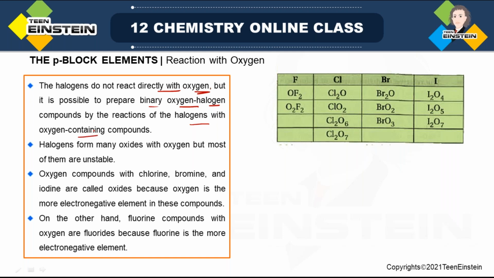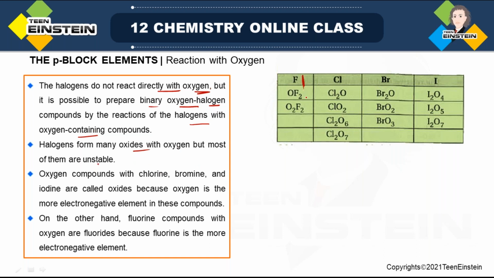So if you just add the diatomic halogens, F2, Cl2, and oxygen, there will be no reaction. But if you take some oxygen-containing compounds, then we can generate their oxides. They can form different types of oxides with oxygen, but most of them are unstable.